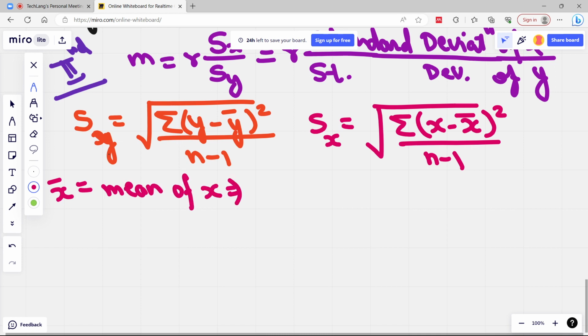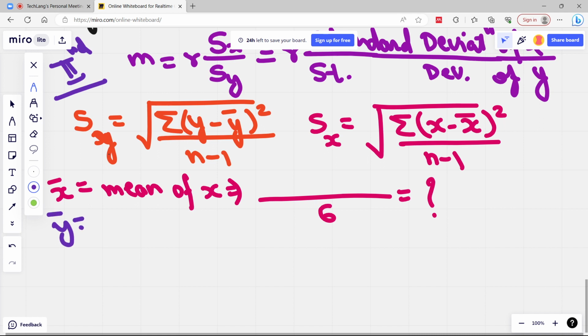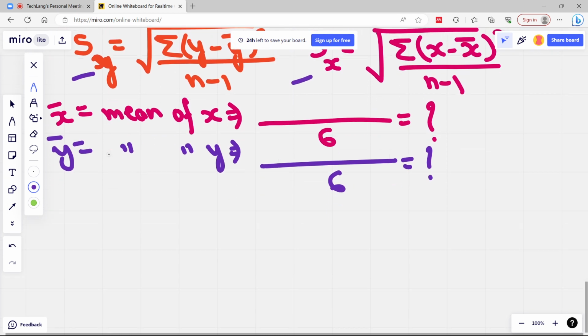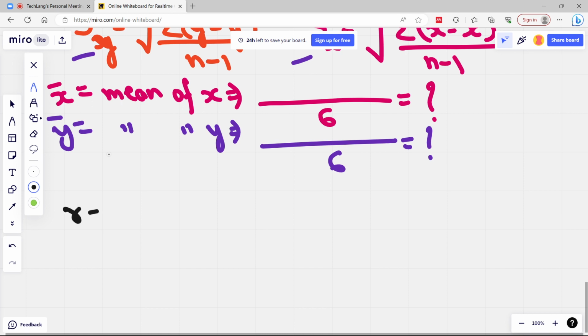You sum up all 6 values, divide by 6, and you get this value. Similarly, we have y bar, which is the mean of y. We sum up all the values of y, divide by 6, and we get the mean. Now coming back to r, what is r here?